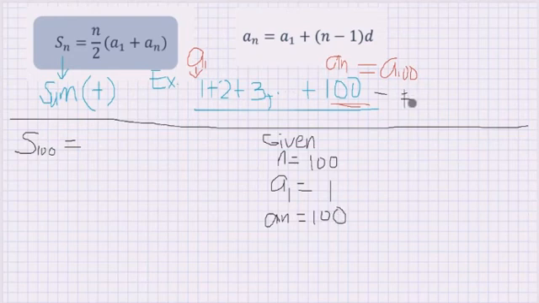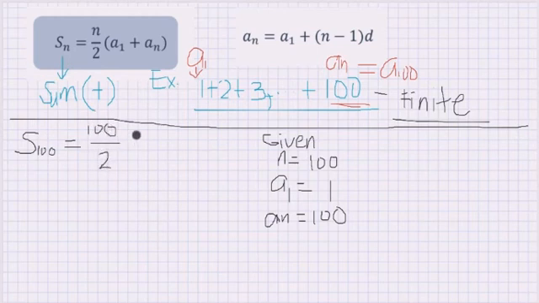Class, this is an example of a finite sequence. We say finite because the last term is defined in the given, so there is a limit.